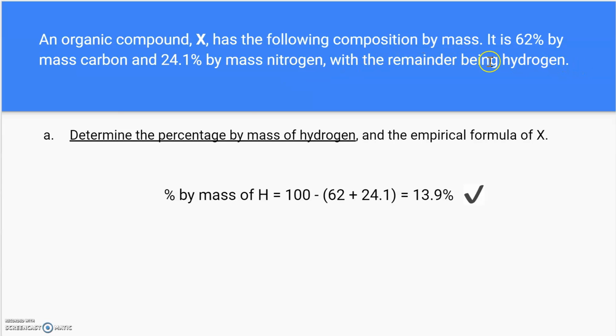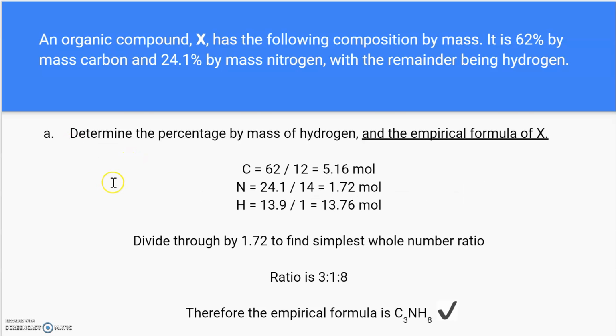So the way to tackle it is subtracting from 100 the sum of the percentages by mass of the other two elements, carbon and nitrogen. You add 62 plus 24.1 and subtract that from 100, getting 13.9% by mass of hydrogen in this organic compound. So there you have the first section of part A of this question.